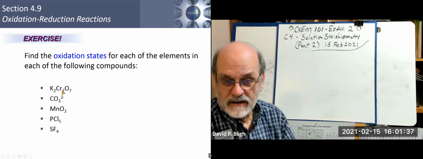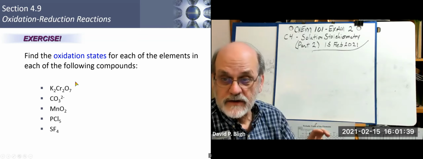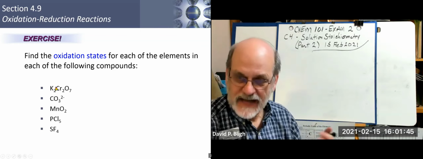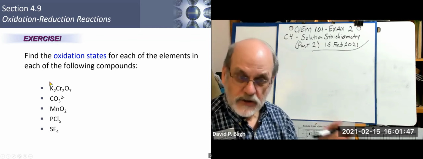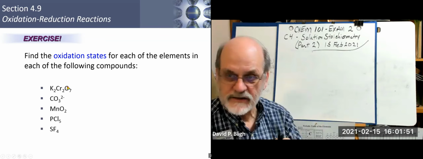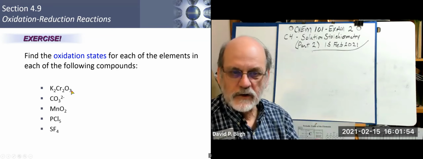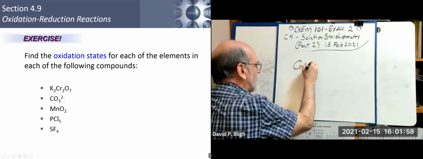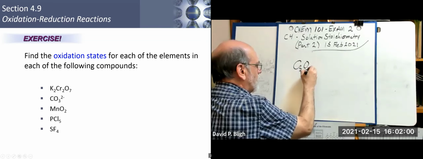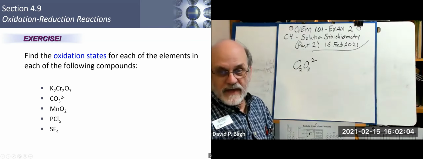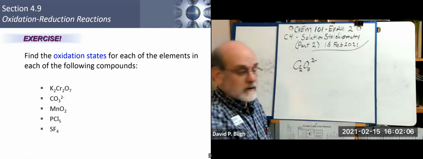Dichromate ion together is always -2. And that makes sense. If potassium is a +1 and there are 2 of them, then this whole ion has to be a 2- to balance it. So if you look at the dichromate ion, then you know that it has to add up to a 2- charge.